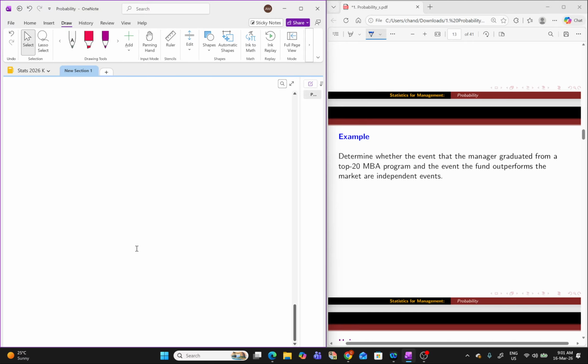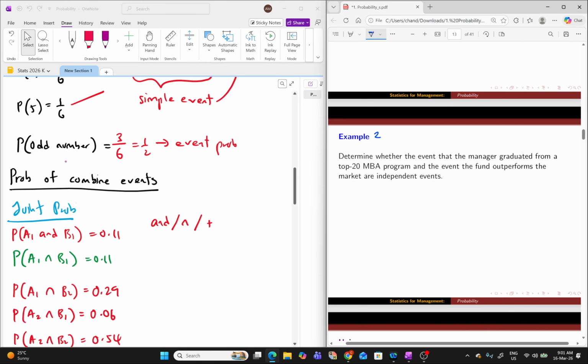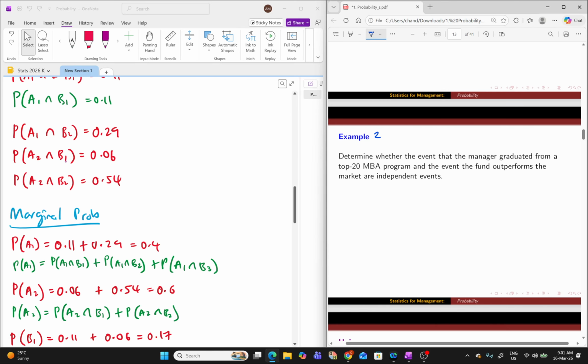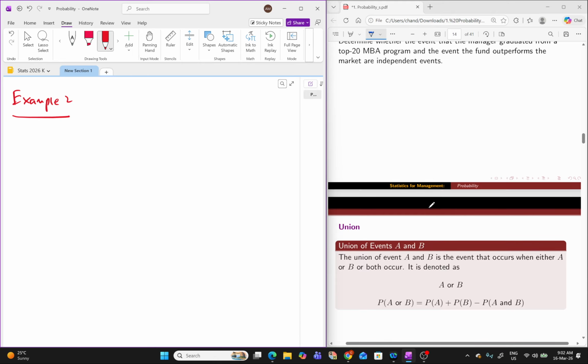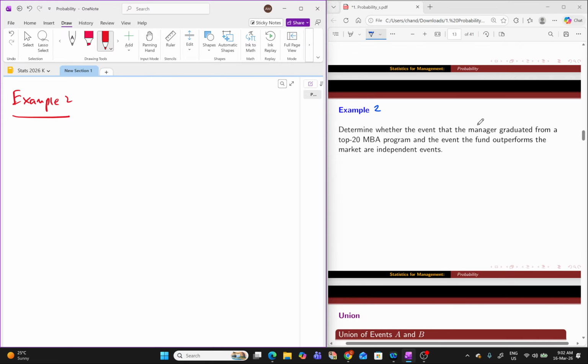Look at this example 2 here. Determine whether the event that a manager graduated from a top 20 MBA program, which is A1, and the event that the fund outperformed the market, which is B1, are independent events or not.